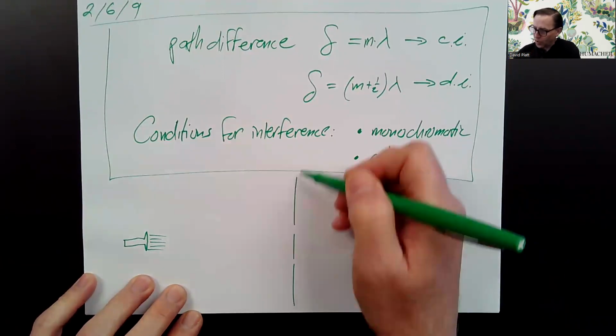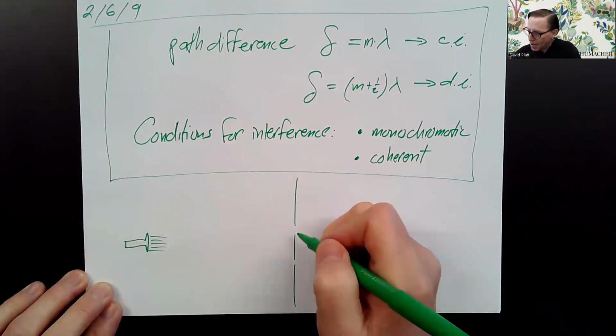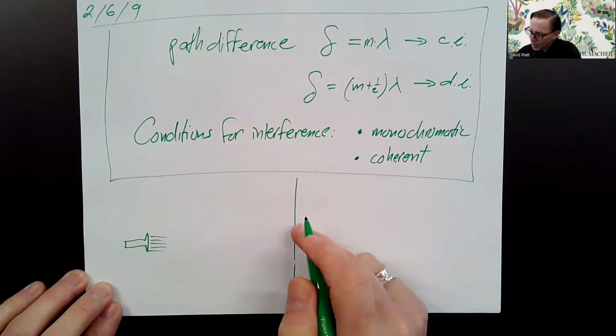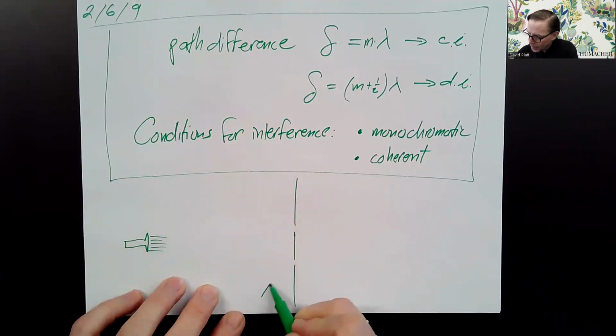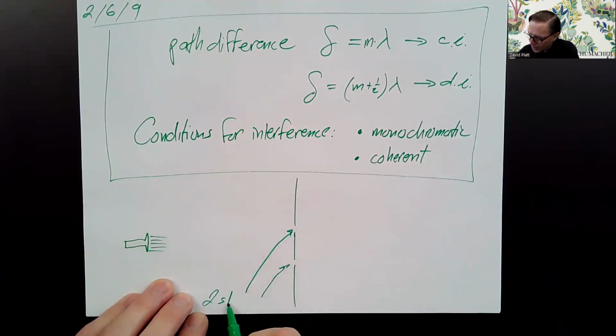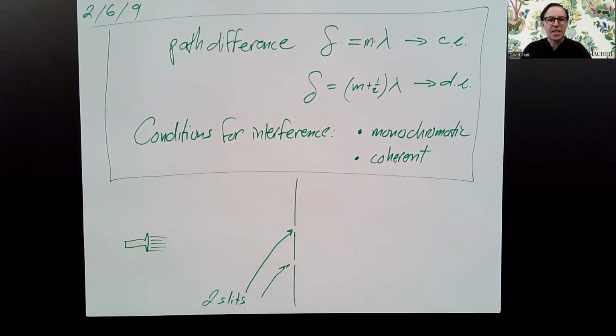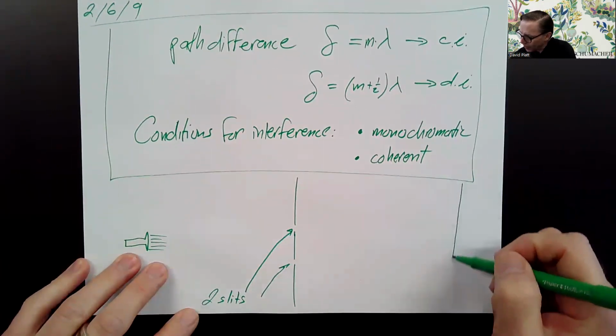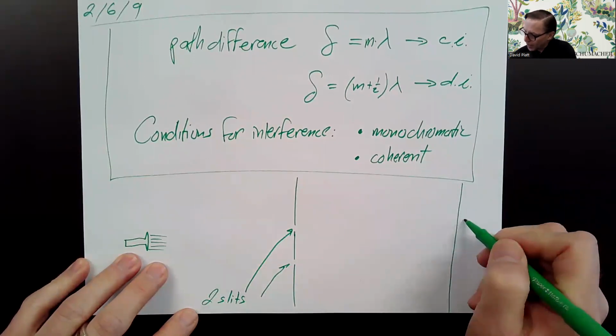So this is a wall or a screen that blocks the light everywhere except in these two little places that we call slits. Two slits. A slit is just a small opening. And then we have a screen over here where we observe the light.